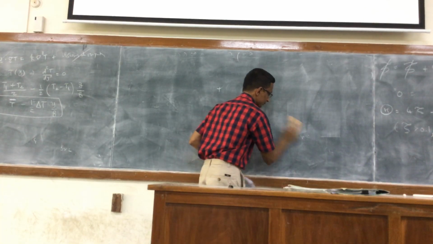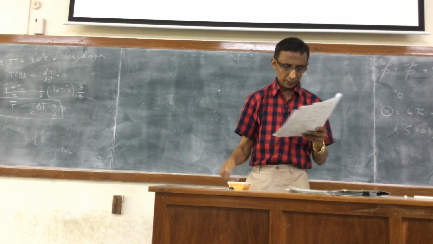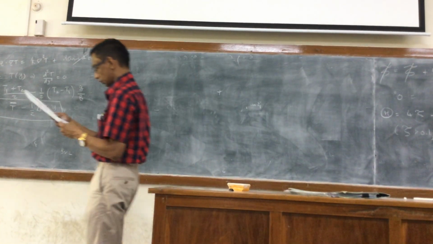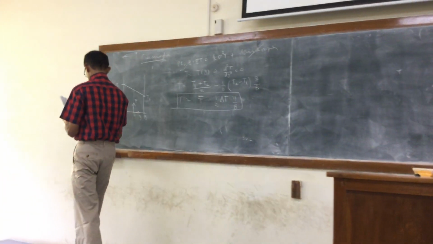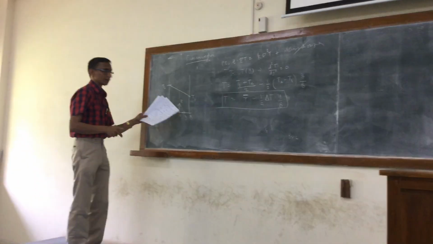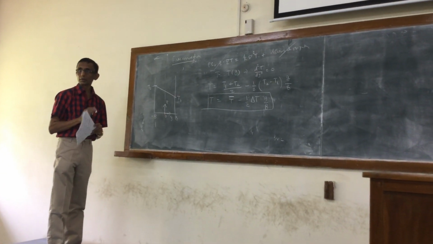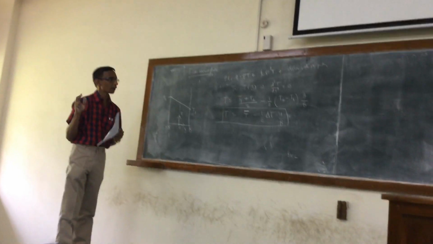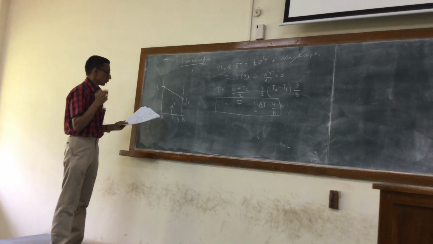Now you can ask what the equation of motion would look like. Basically we are looking at the z direction only, right? You can apply the equation of motion in the other directions.